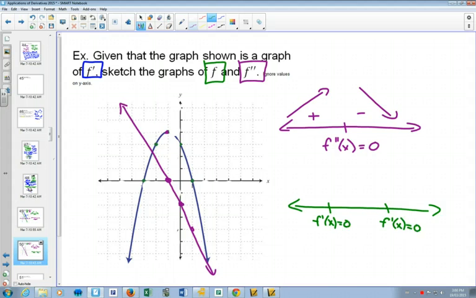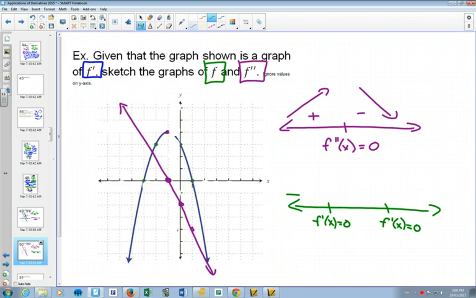What does that tell us about our original function? That those have to be max or min or maybe inflection points that are stationary. Okay? From our blue graph, it also tells us that on this section, can you see that f prime of x is negative?